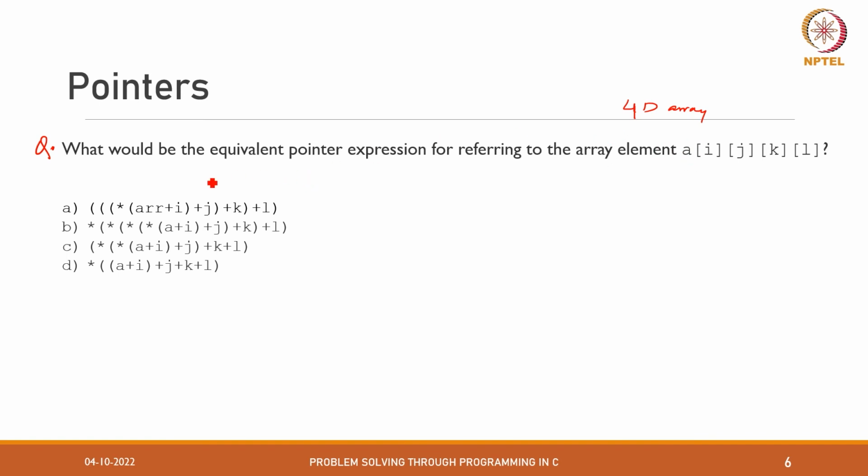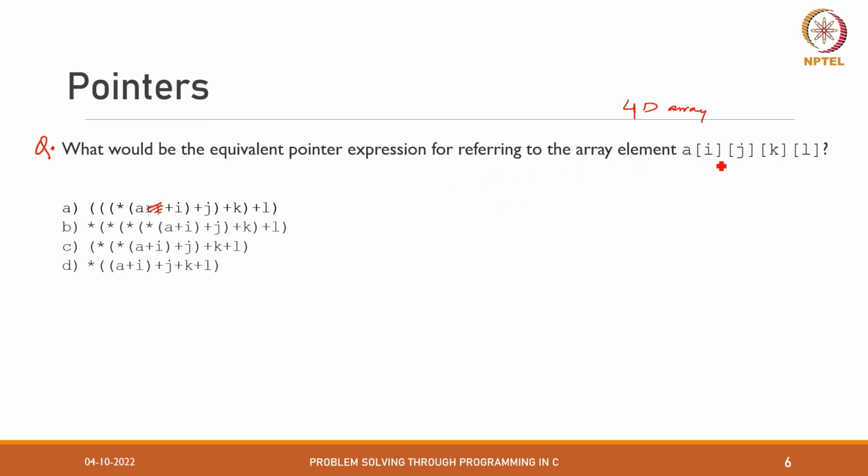Okay, so this is not ARR, rather it's A. Alright, so what exactly would be the array element? Just think about the previous problem that we tackled and try to convert this.